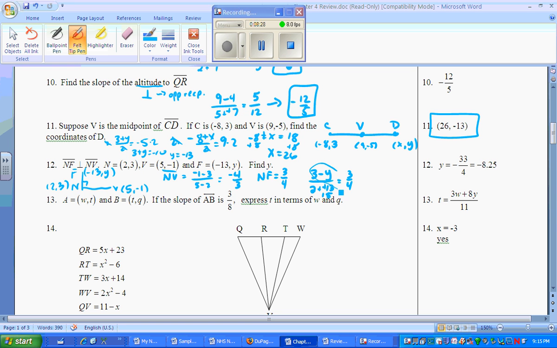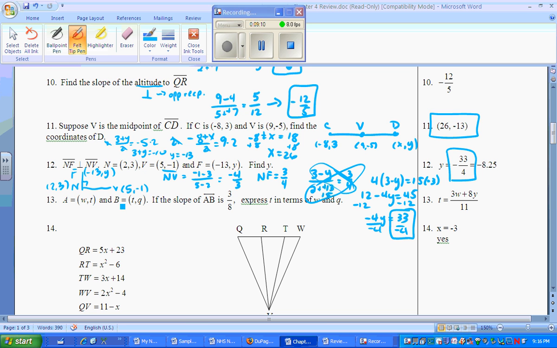When we cross multiply, these get multiplied together, and these get multiplied together. So we get 4 times 3 minus y, set it equal to 15 times 3. So we get 12 minus 4y is equal to 45, minus the 12 over. Negative 4y is equal to 33, divided by negative 4, and y equals negative 33 over 4.